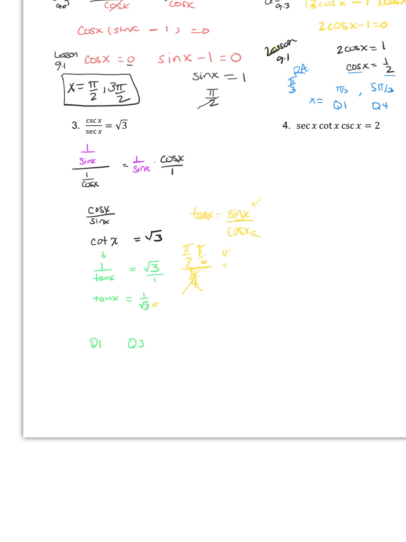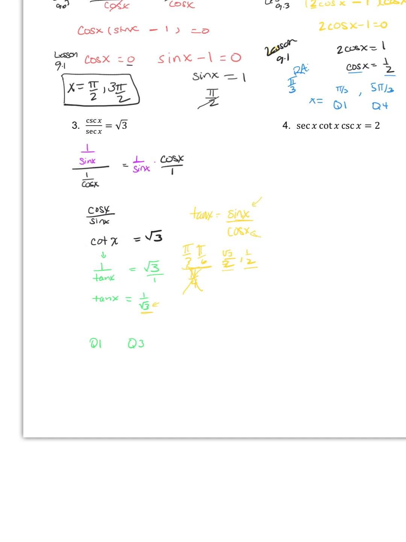Those are the points that we use to find, using those reference angles, how do we find those points on the graph? And that's what we're looking for. We're given the point part, and we want the angle.